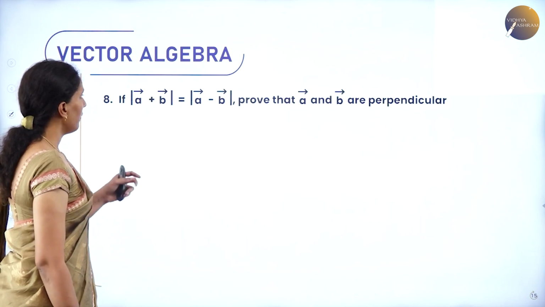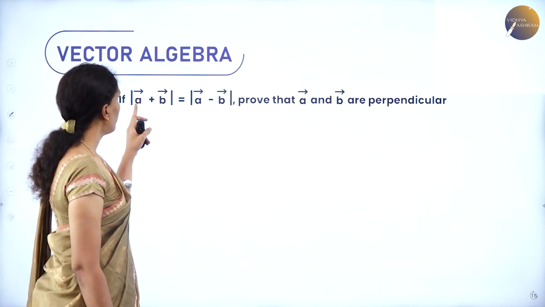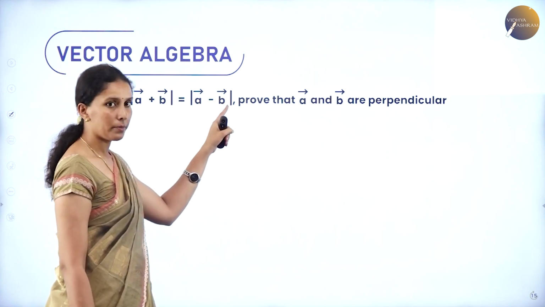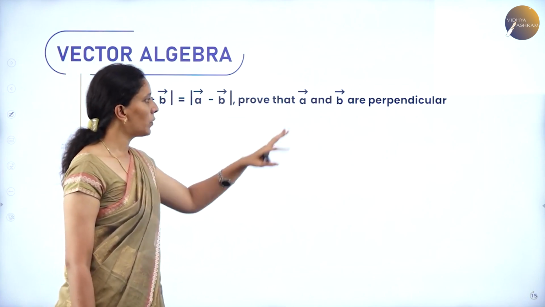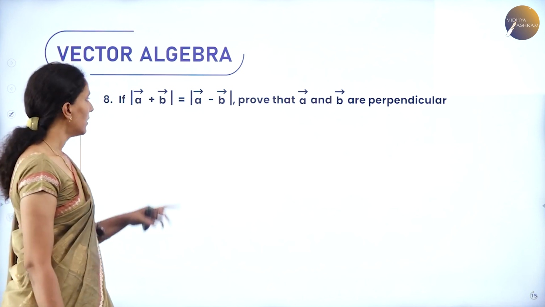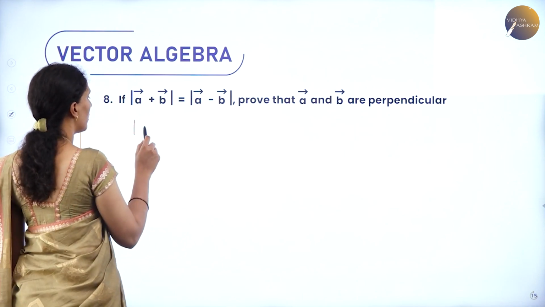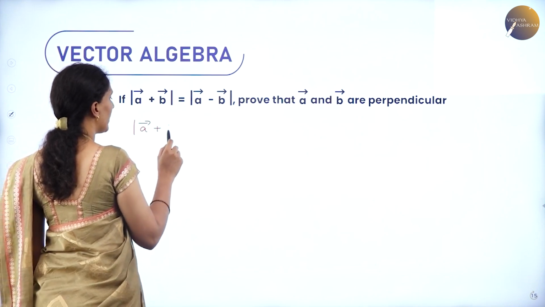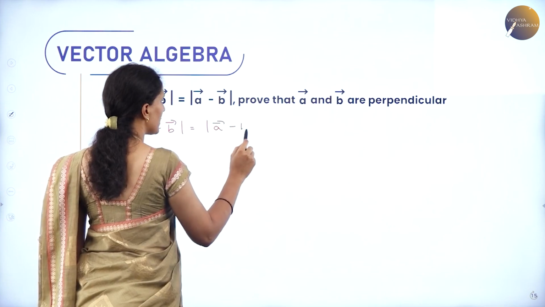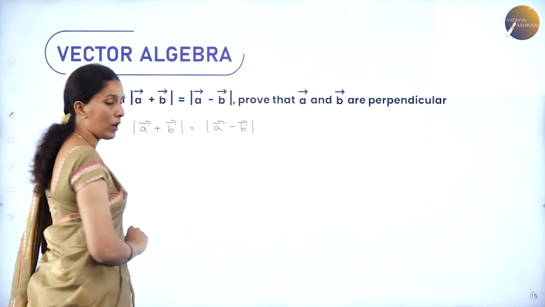Next, if magnitude of vector A plus vector B and magnitude of vector A minus vector B are equal, then prove that vector A and vector B are perpendicular. Now we have magnitude of vector A plus vector B and magnitude of vector A minus vector B are equal.